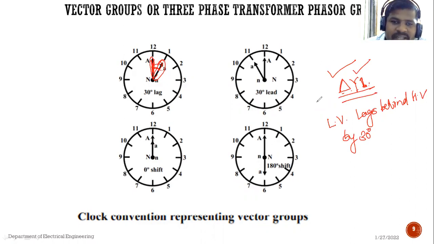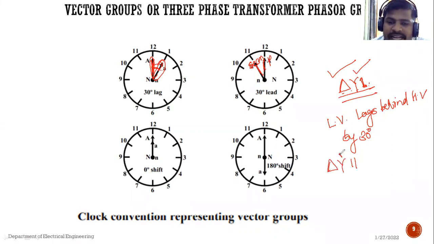Now if it is represented like this 11, हा मिनिट हँड म्हणजे प्रायमरी आहे, हा आवर हँड सेकंडरी आहे. वेदर इट इज लीडिंग और लॅगिंग? सेकंडरी लॅग होते का लीड होते? सांगा. काय होतंय? So it can be represented by delta star 11.